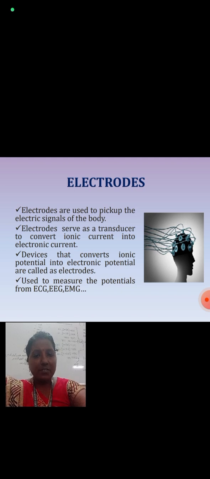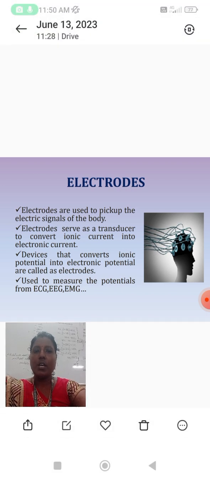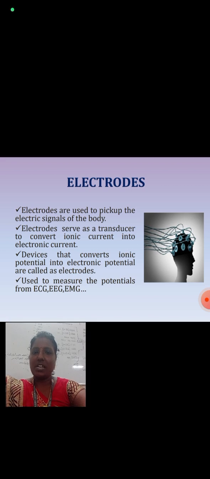The device that converts this ionic potential into electronic potential is called an electrode. These electrodes are used to measure the potential from ECG, EEG, EMG, etc.